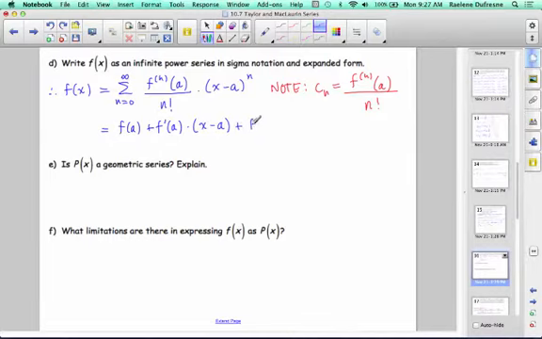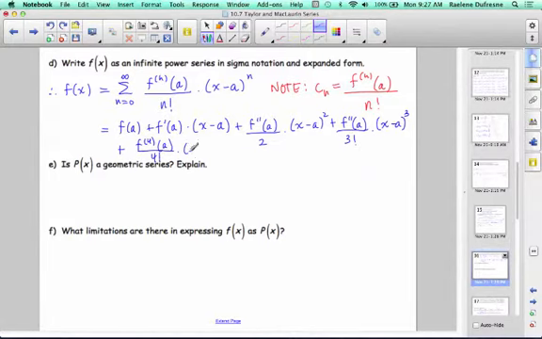Plus f double prime of a divided by 2 factorial, which is just 2, times x minus a squared. Plus f triple prime of a divided by 3 factorial times x minus a cubed. Plus, we'll do one more, the 4th derivative of f at a divided by 4 factorial times x minus a to the 4, plus dot dot dot.